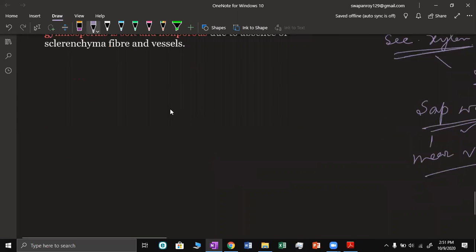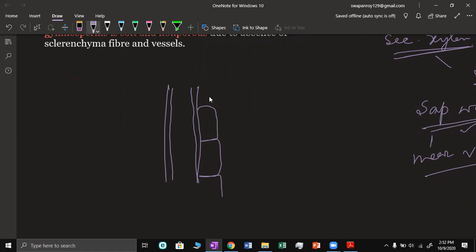What happened actually, say this is the xylem vessel, having very thick cell wall, and say here are the xylem parenchyma.